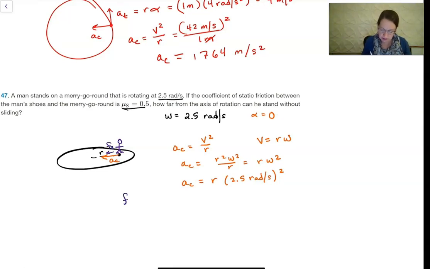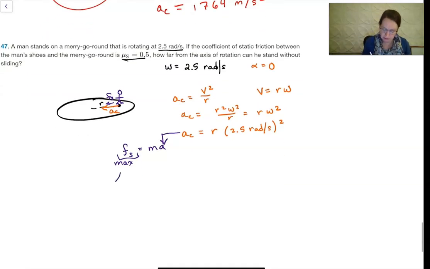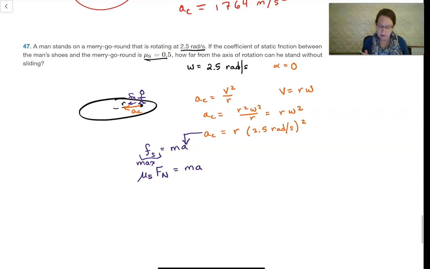And so static friction is equal to mass times acceleration. So it provides this acceleration. And the maximum value that we have is, of course, going to be given by mu s times the normal force, normal, is equal to ma. And in this case, assuming this is a level merry-go-round, this is equal to mg. So we have mu s mg is equal to ma.